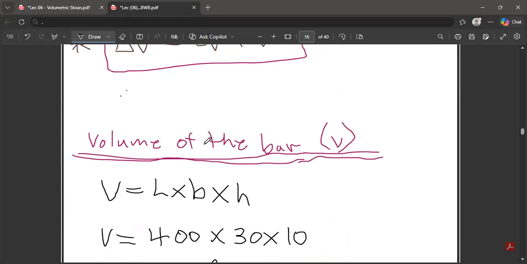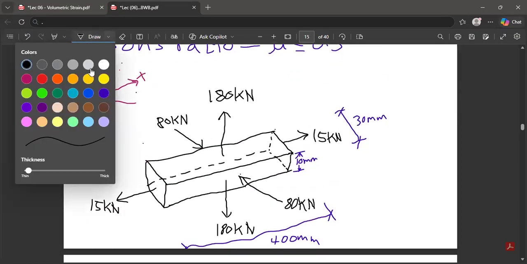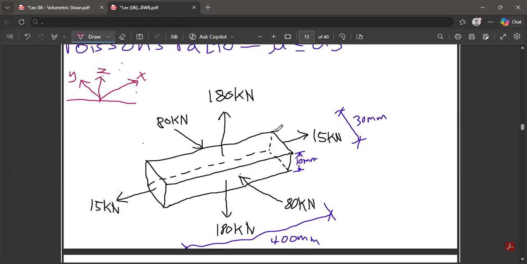From our diagram, let me mark it so you can see nicely. This is the load at X, this is the load at Z, and this is the load at Y. As simple as ABC. So don't get confused.